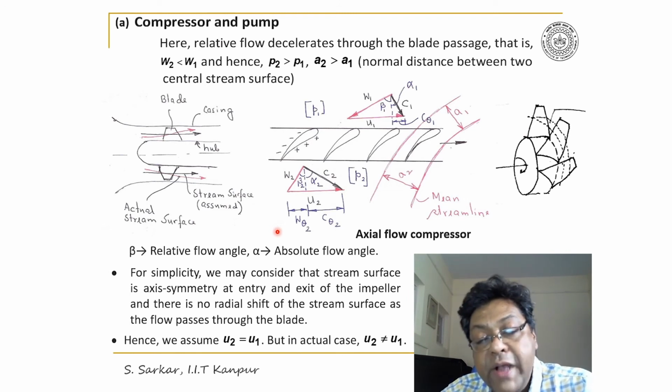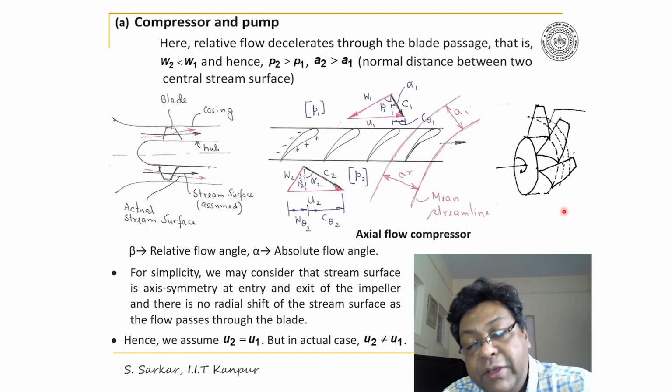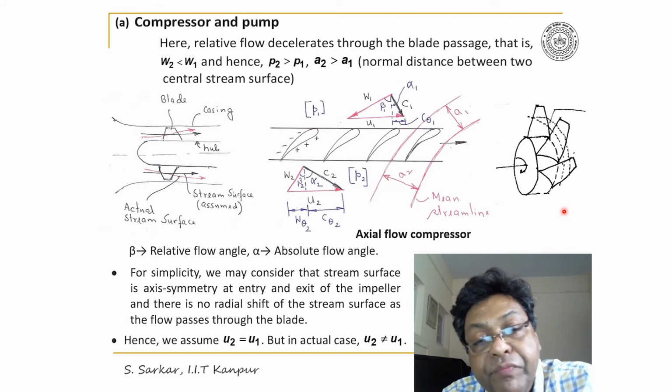As before, I would like to tell you that W1 plus U1 would be equal to C1, and this would be a vector addition.